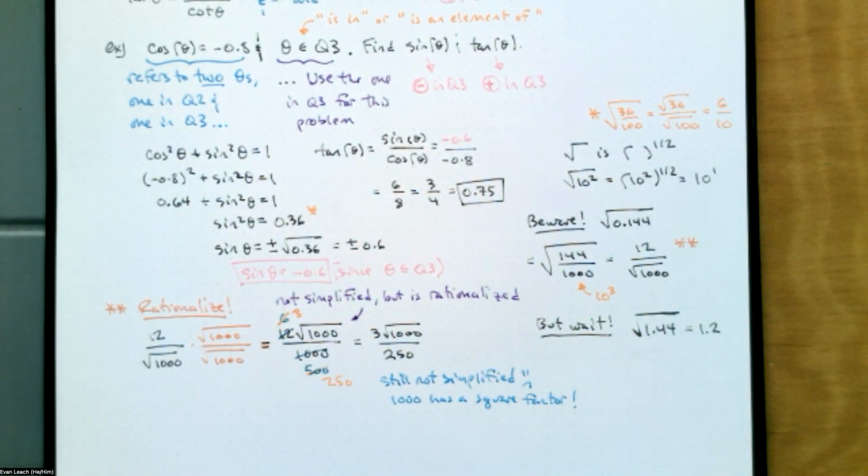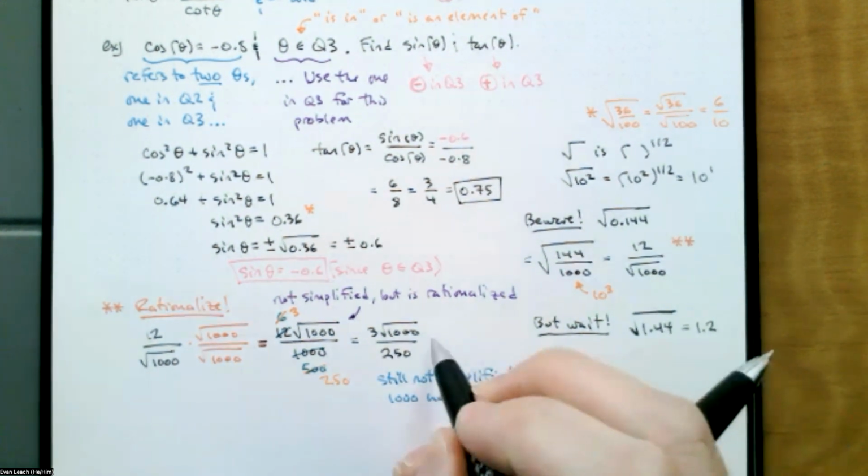So if there's a square as a factor, I can find the square root of that square. I can simplify some more. So this is going to be 3.